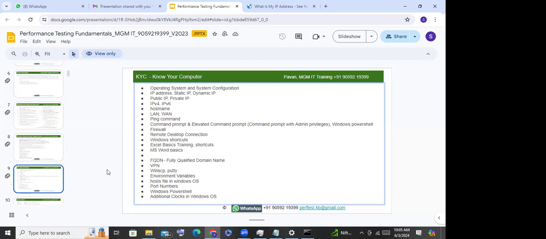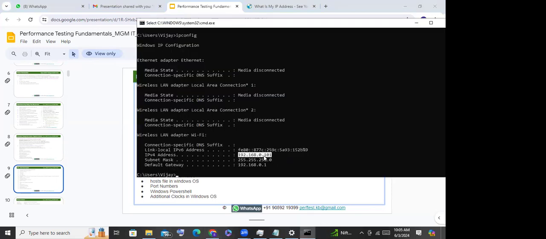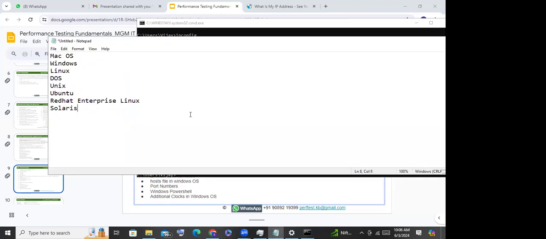All right, so for example, whatever IP address I'm seeing over here, let's save it. We'll see this tomorrow as well. What is this called, by the way? This is called a private IP, because I'm inside a network.